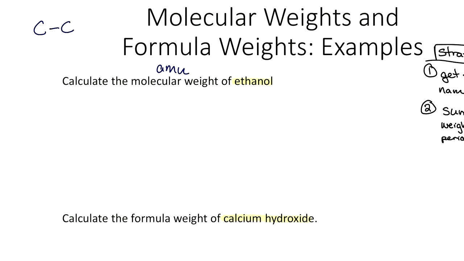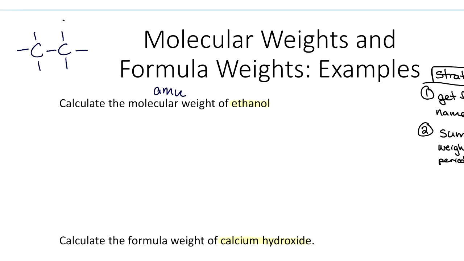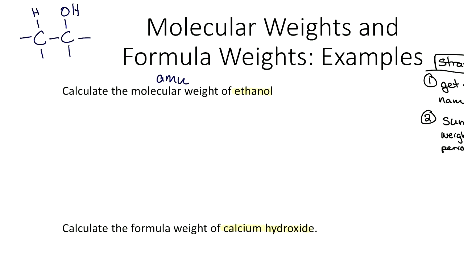All right. Ethanol. So it's an alcohol. So there's going to be an OH present. So each of those carbons has 3 additional bonds to it. One of them is an OH group. It doesn't matter where you put it. All right, so I'm just going to put it there and recognize that the rest of those bonds are going to be hydrogen atoms.